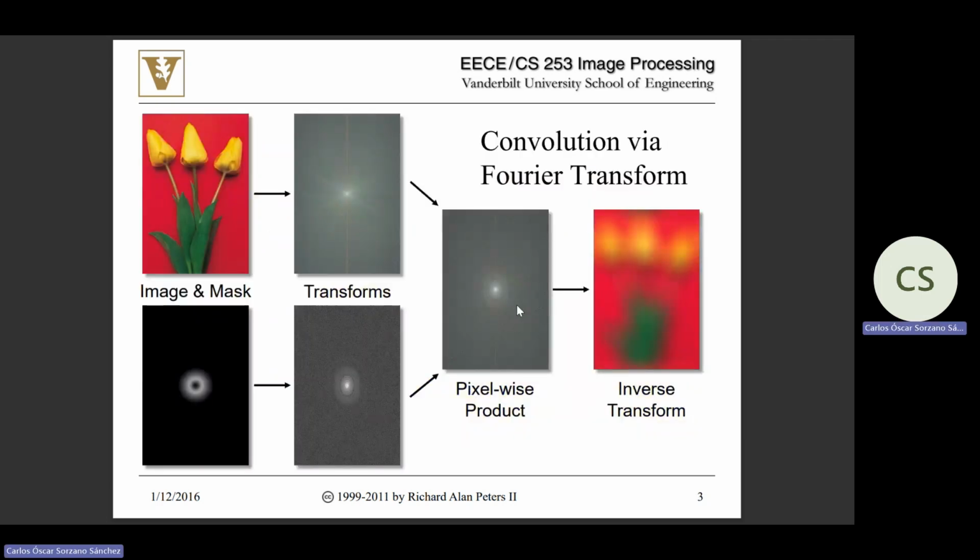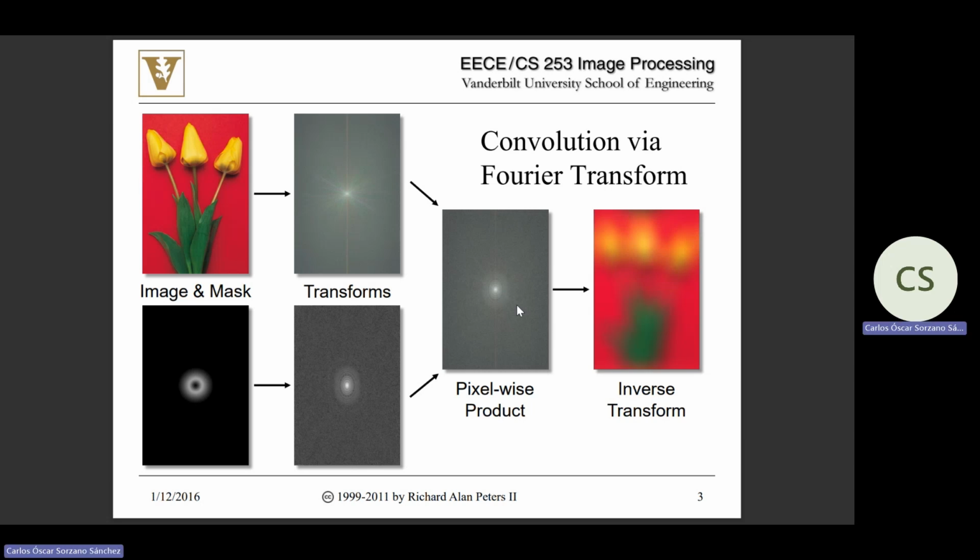So we will do it this way. We have an image, and we have the Fourier transform of that image. You have a kernel that you want to convolve this one with, and you do the Fourier transform of this. You multiply point by point the two Fourier transforms, and then you do the inverse Fourier transform. So this is another way of doing the convolution.